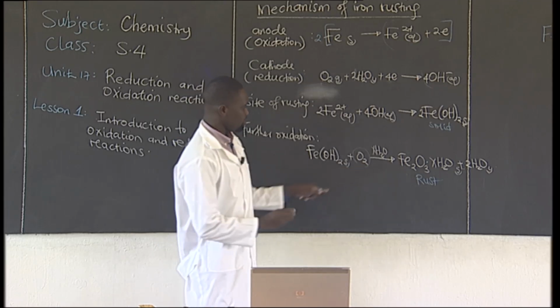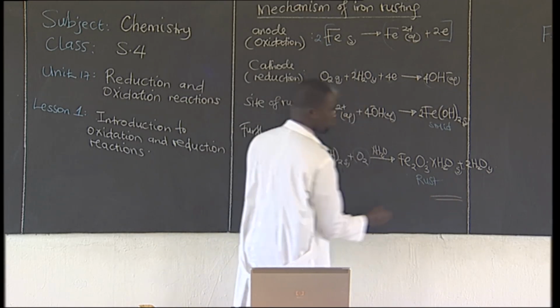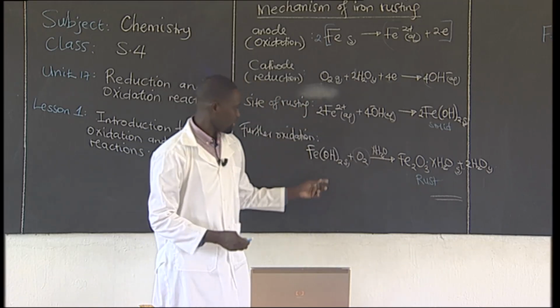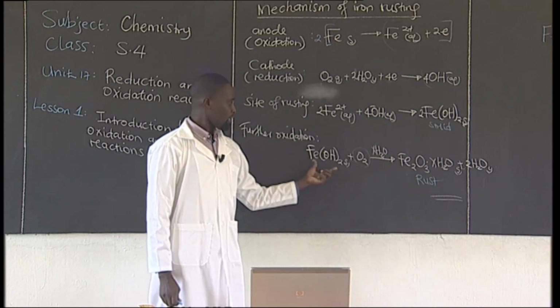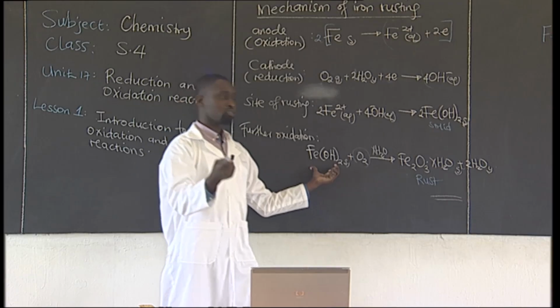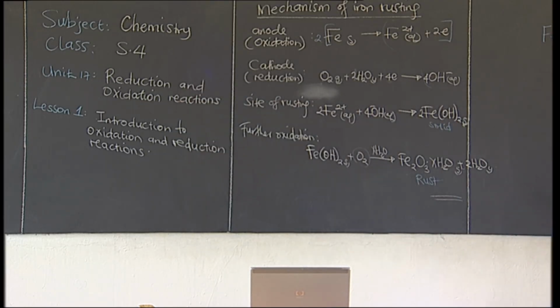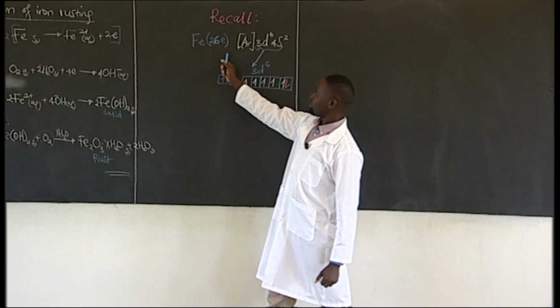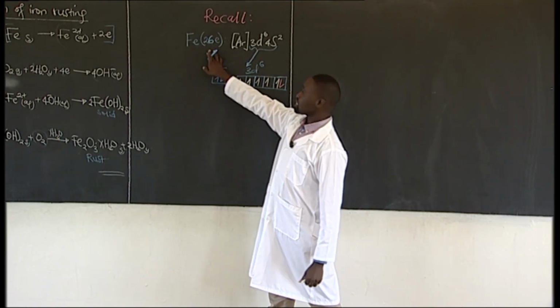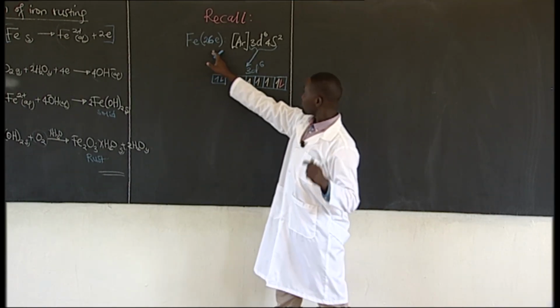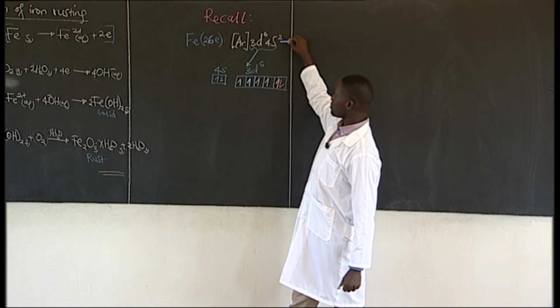Maybe before I leave this equation, I want to show you something here. The reason why iron 2 undergoes further oxidation is to gain stability. You remember, iron has 26 electrons, and as such, this is its electronic configuration.